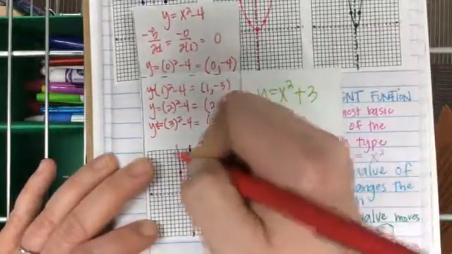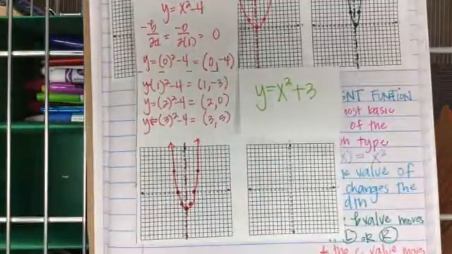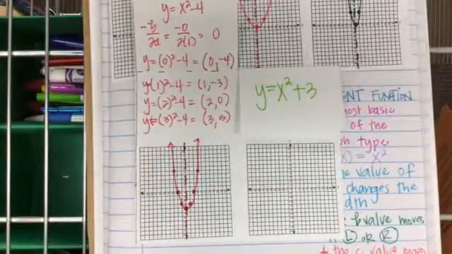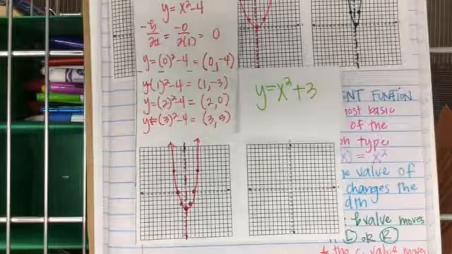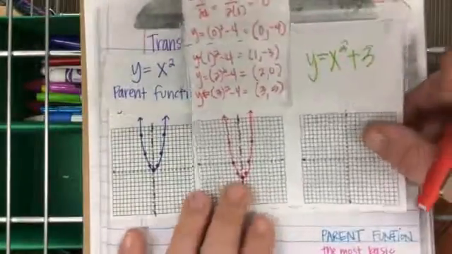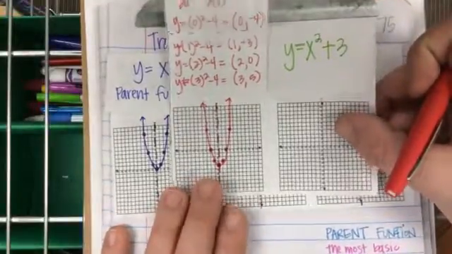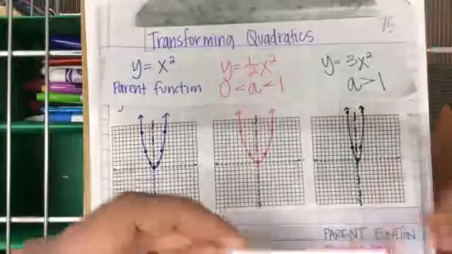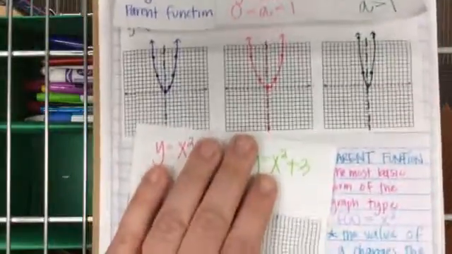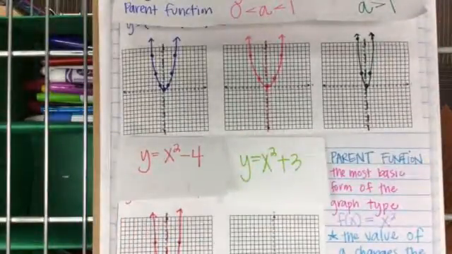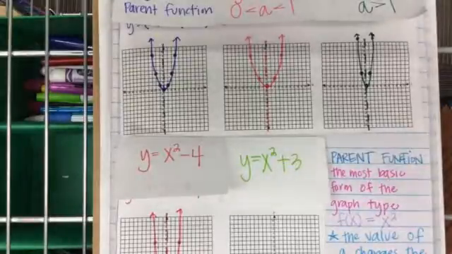So in this quadratic, for this parabola, the width didn't change. It's still the same width as that parent function. What changed was its location. The reason it changed is that C value.